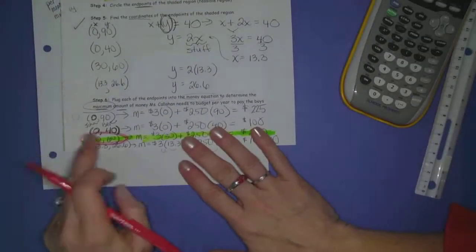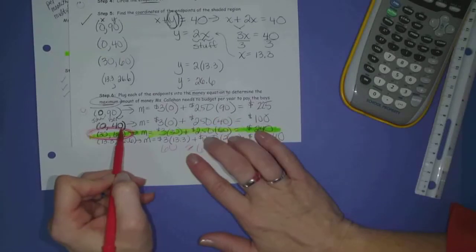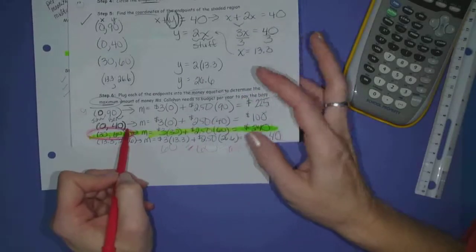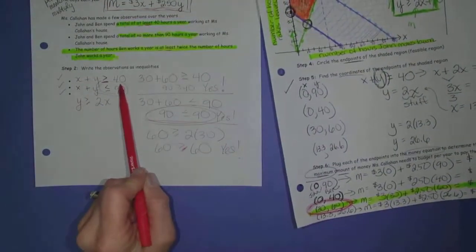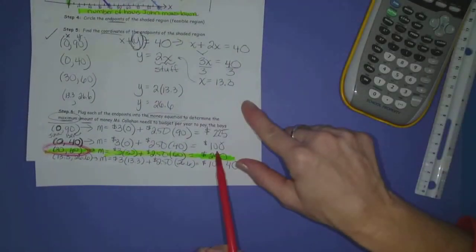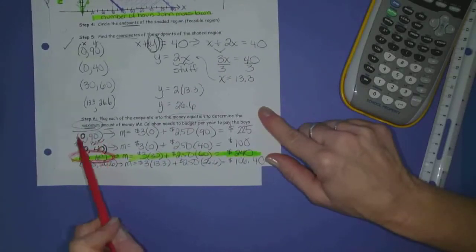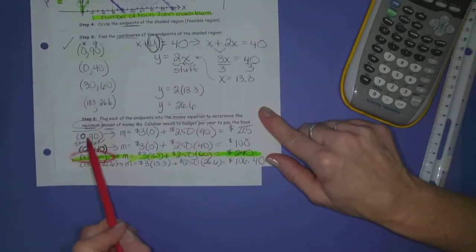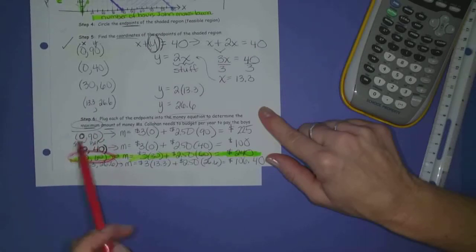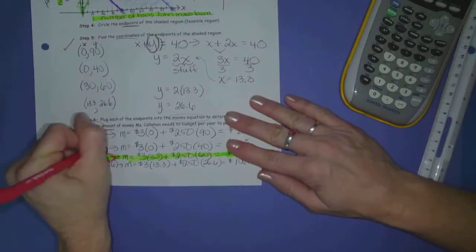Whereas if you look at the second scenario, 0-40, you add those together, 40 hours, that's the minimum I want them working. So that's not going to produce the most money I need to budget. Now, the 0-90, this guy right here, that is the maximum amount of hours because it's going all to Ben.